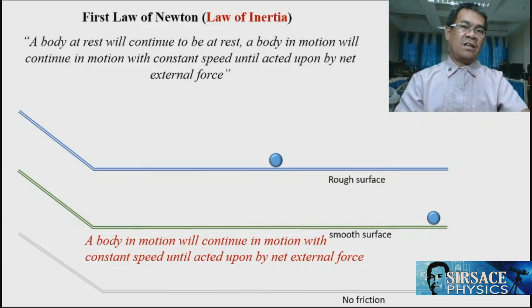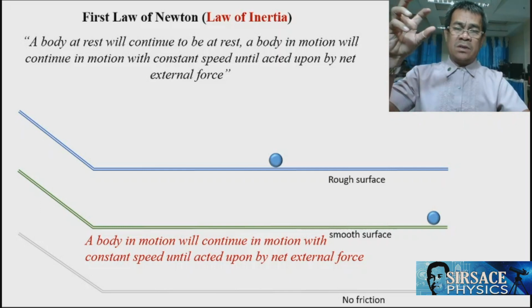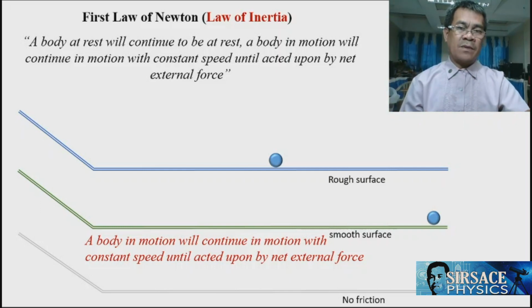It is rotating around the Earth in about 30 days. So therefore, the moon is moving at a constant speed. Why? Because the net external force is zero. So if someone holds the moon, that's the time that it won't move at a constant speed.